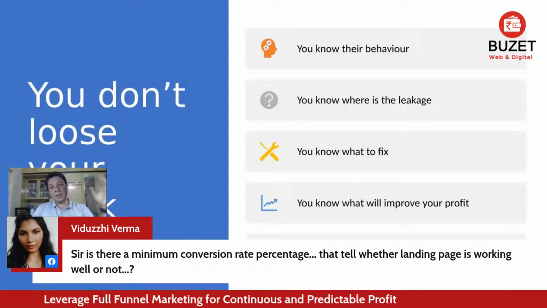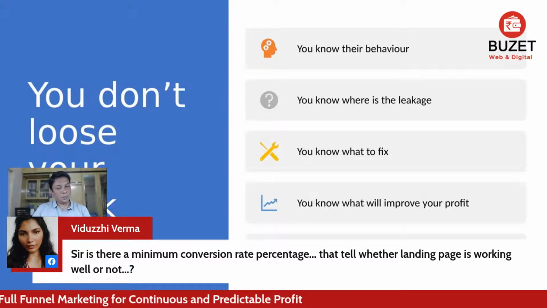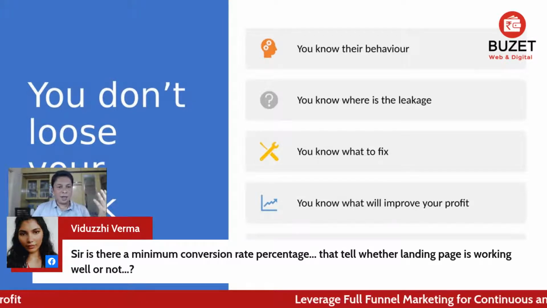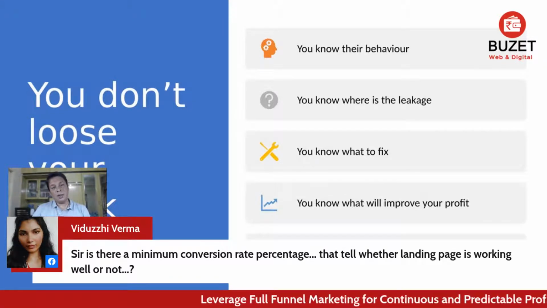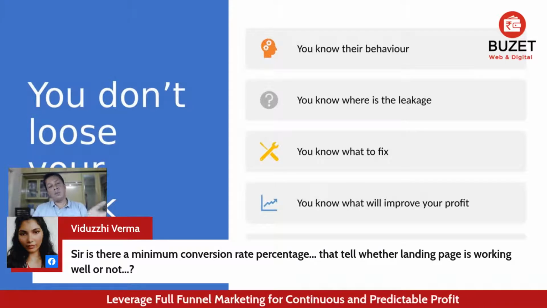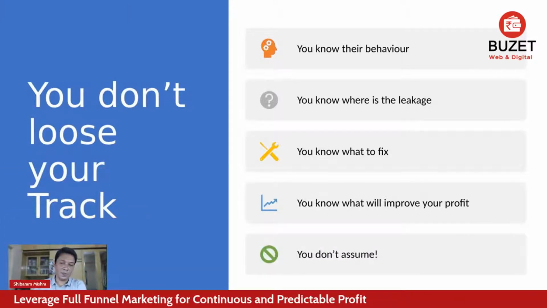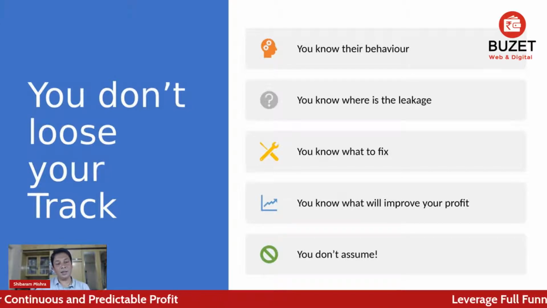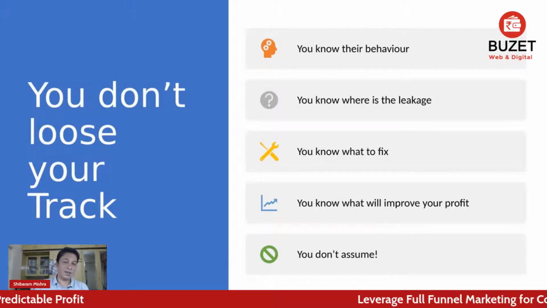There is actually no such rule, and whatever I told is just an assumption. So high ticket, if you're getting good people, they will go deeper in the funnel and they will convert more. So here we don't assume anything and we take data as it is, right?